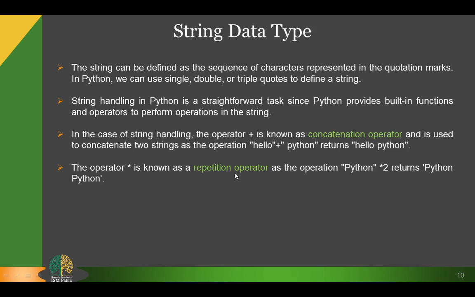That is, if we write a string asterisk 2, then it means we are going to repeat the string 2 times. So the output will look like this. Let's see.